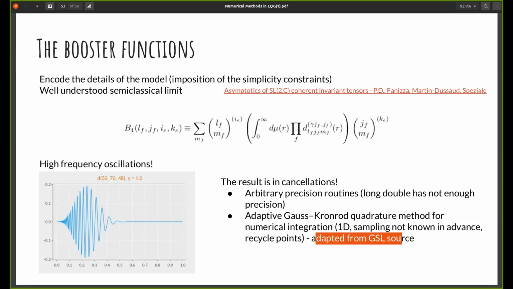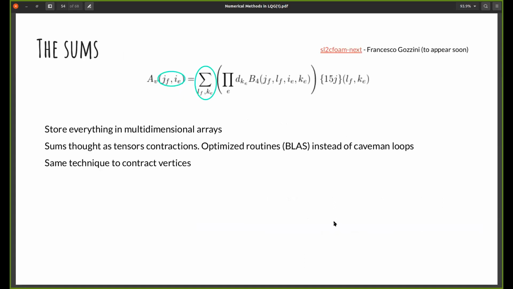And also because there's an implementation of this method in GSL, that is the standard library used in C to do math. However, Francesco adapted his own version from the GSL one, doing minor modifications and optimizations.